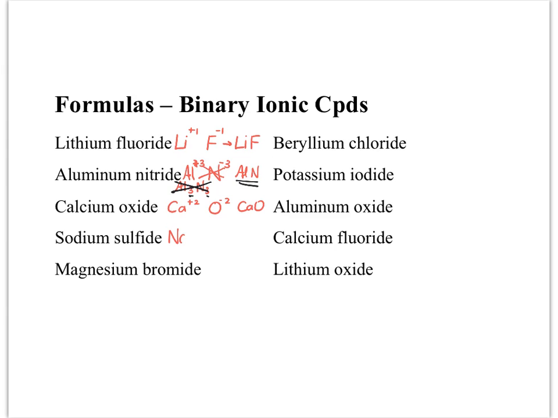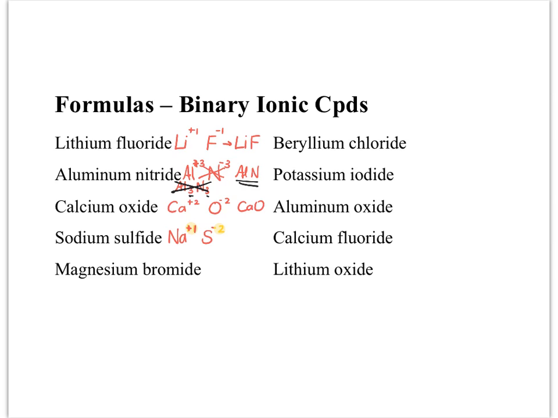Now, sodium sulfide. Sodium is Na. Its oxidation state is +1. Sulfide, well, that's sulfur. Sulfur has multiple oxidation states listed, but for nonmetals, we'll use the top number that's listed, which is -2. So now my charges do not cancel each other out. The +1 and the -2 do not balance out.